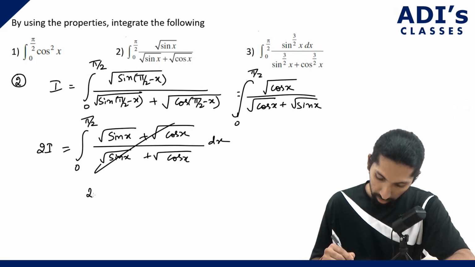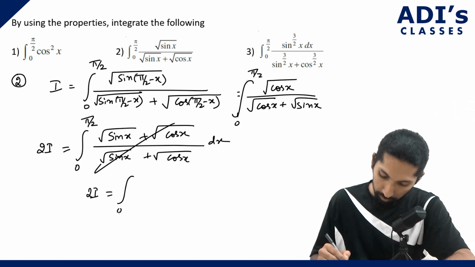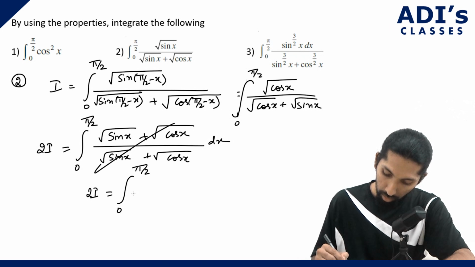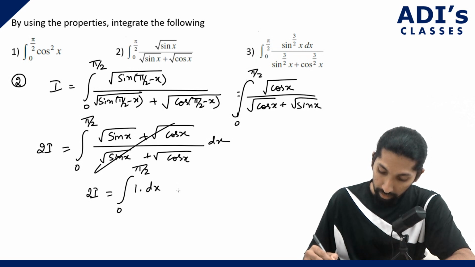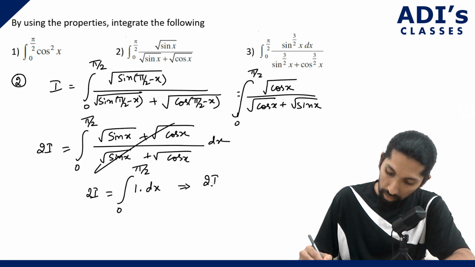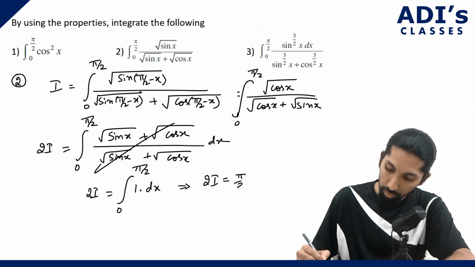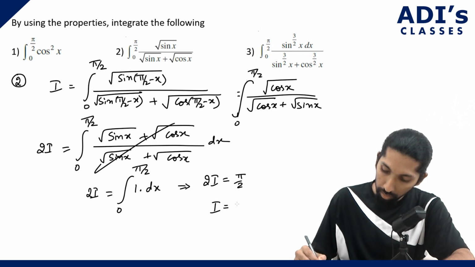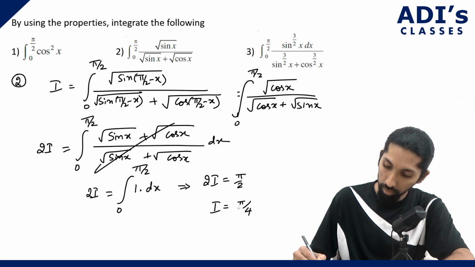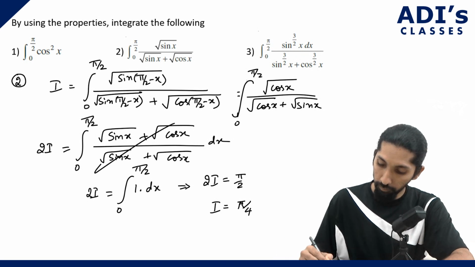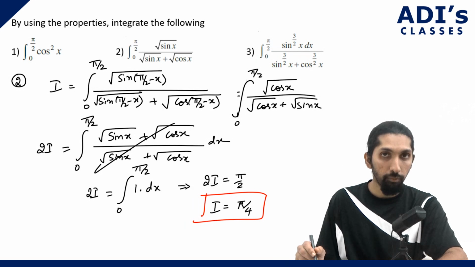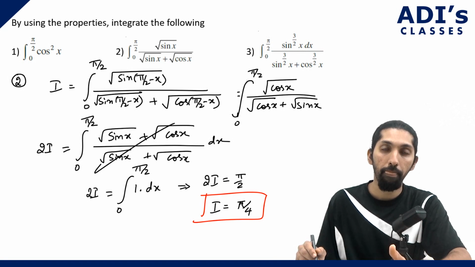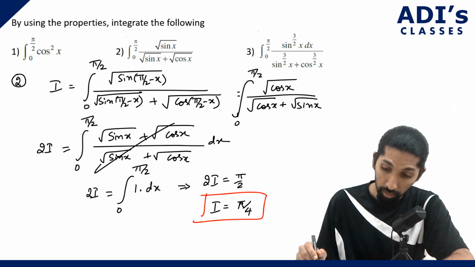So what do you have? 2I is equal to integral from 0 to pi by 2 of 1 dx. Guys, if you integrate, you will get 2I is equal to pi by 2, or I is equal to pi by 4. So the final answer for the second one is pi by 4. Very, very simple. Correct? Let's do the third one.